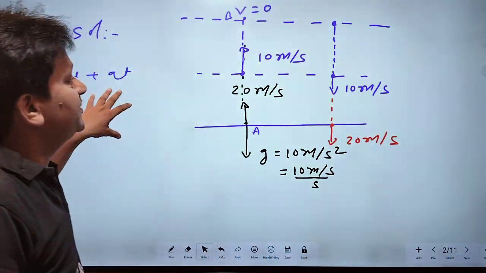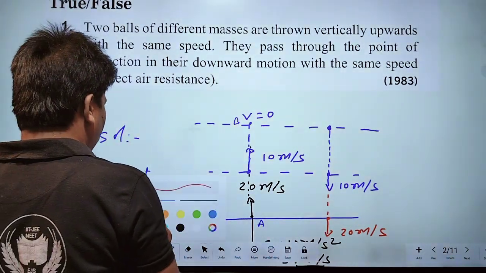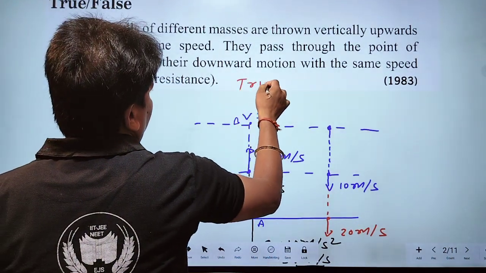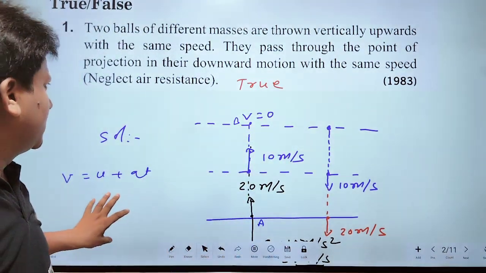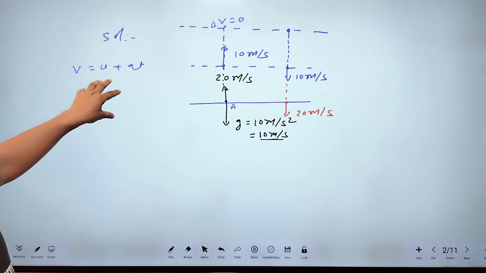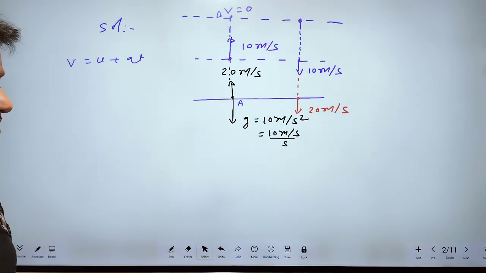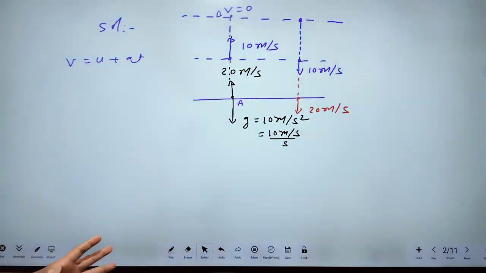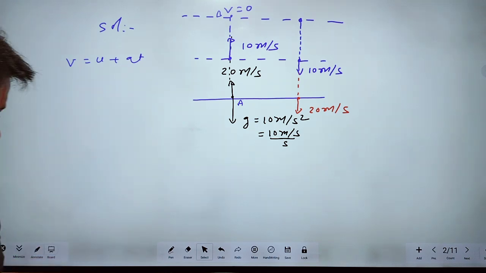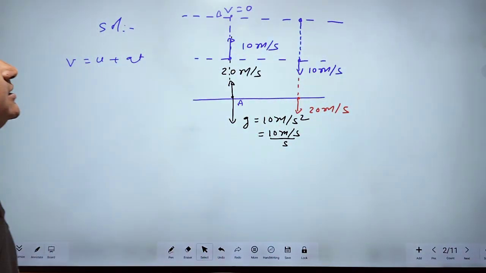Therefore, is this statement true or false? This statement is true. Okay. Neglect air resistance means air is negligible, in other words, air is absent.